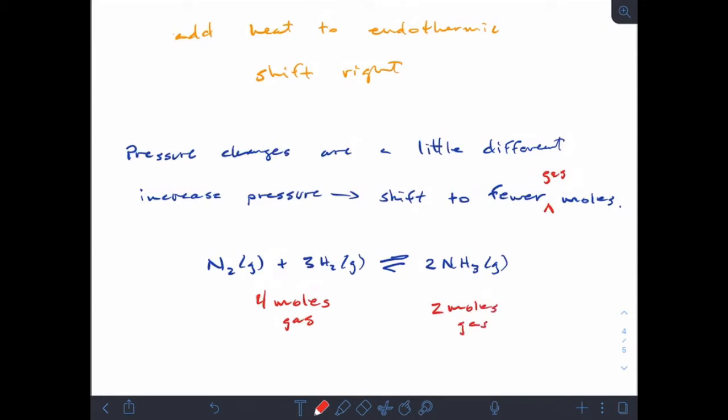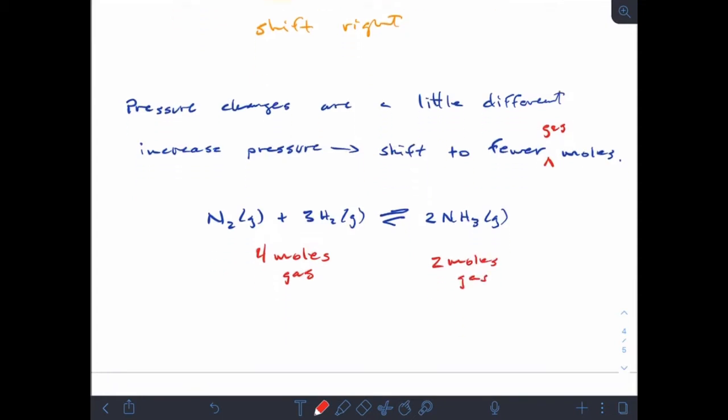Okay, so if I increase pressure, we shift right. Okay, so we shift to the side with fewer moles of gas.